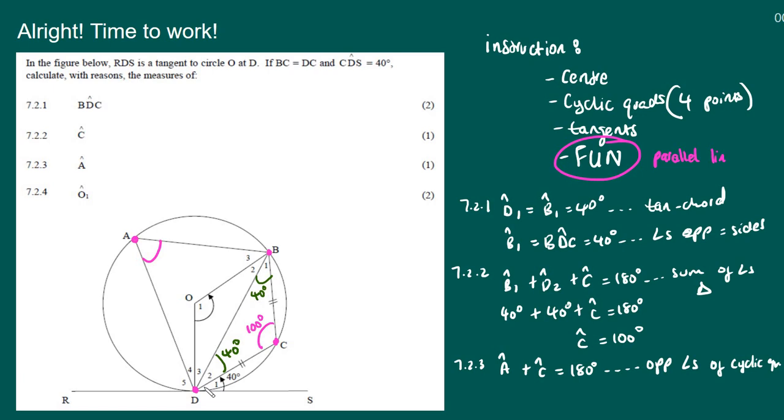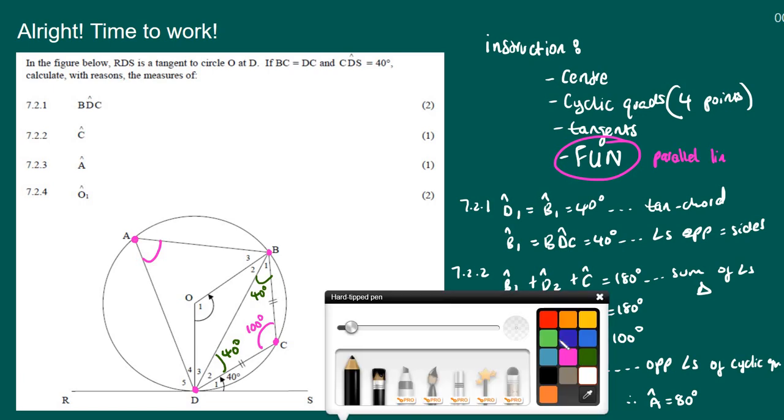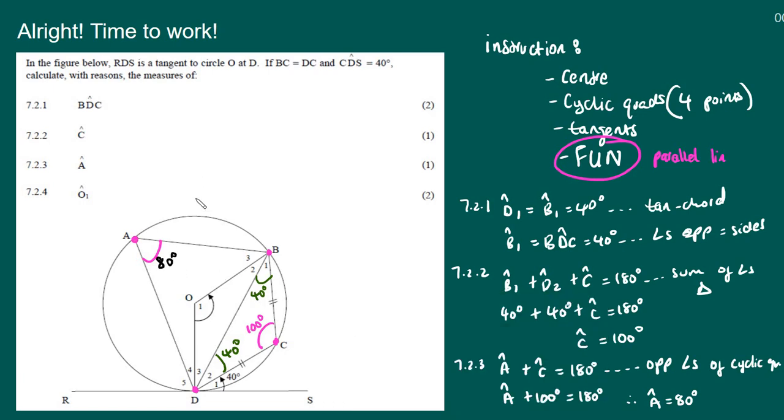So the properties of a cyclic quad apply. So we say angle A plus 100 degrees will give us our angle A. So therefore angle A will be equal to 80 degrees. And once you get it, make sure you put it there, 80 degrees.